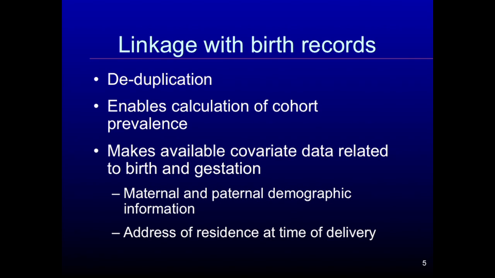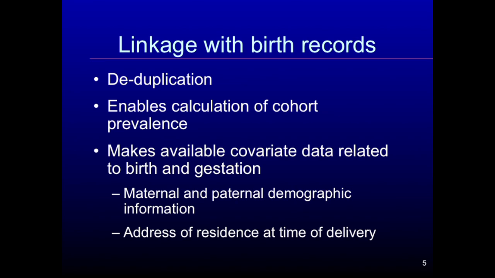So I just said that we have these resources. What have we been doing with them? Well, the first thing we do is take the DDS records and link them with birth records, because we want to deduplicate them. We want to be able to say, of everybody who was born in this year, what percentage developed autism within a certain period of time.